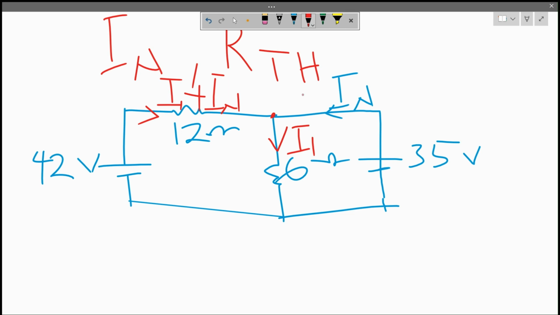Now let's use KVL to solve for the values of I1 and IN.